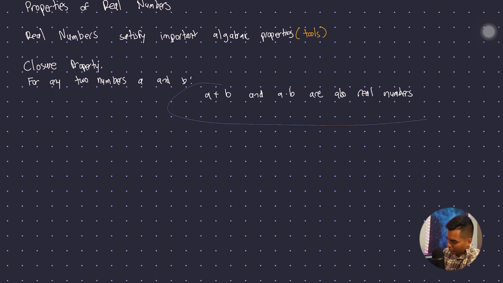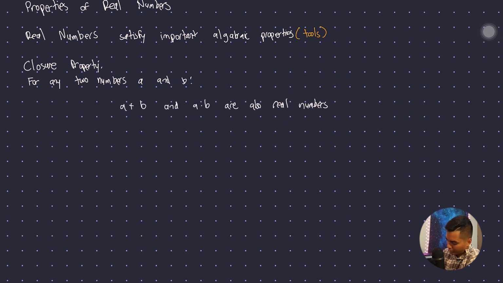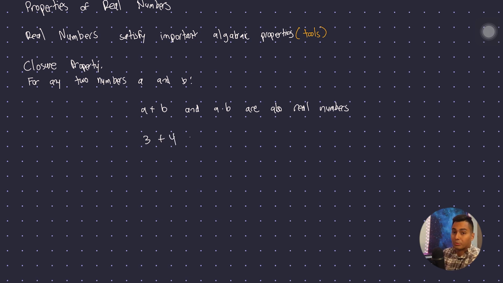For instance, 3 plus 4, where 3 and 4 are real numbers, equals 7, which is a real number. And a times b, let's say 2 times 5, which are real numbers, gives 10, also a real number. According to the closure property, these are all real numbers.